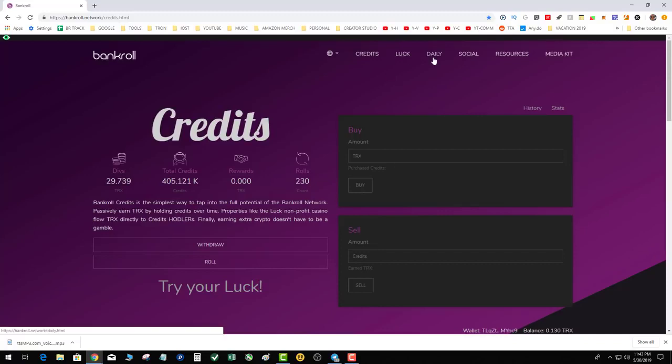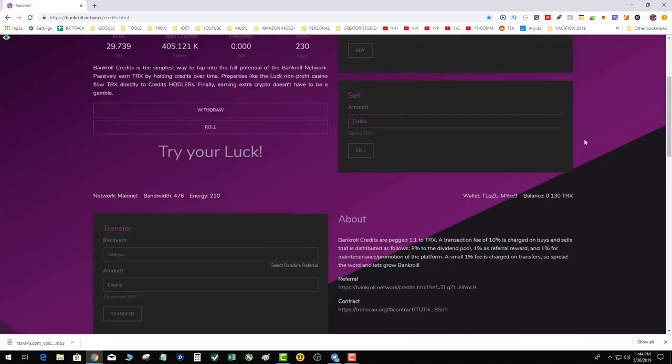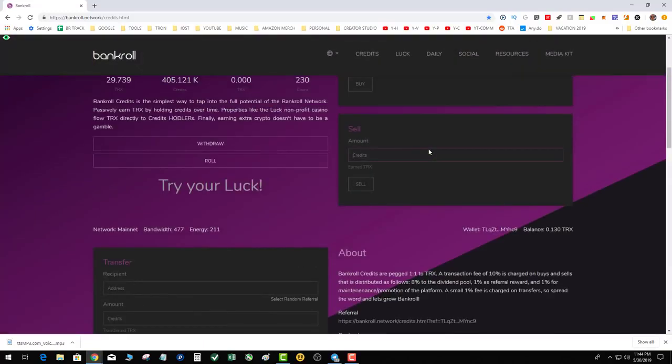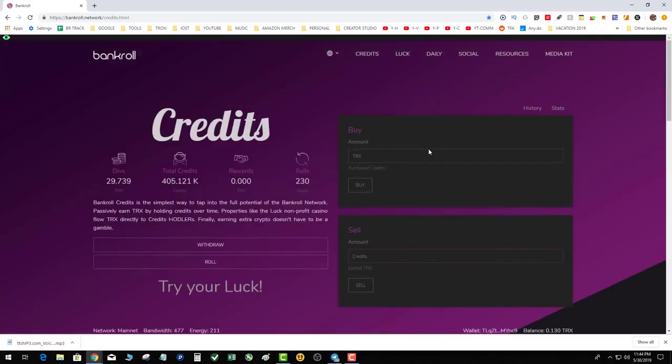The reason you need to know about credits is that divs, once claimed, go to credits, which you can sell on the credit network for TRX. The credits contract has over 34 million TRX in it, one of the largest crypto contracts in existence, and those are at your disposal anytime you would like to get TRX.